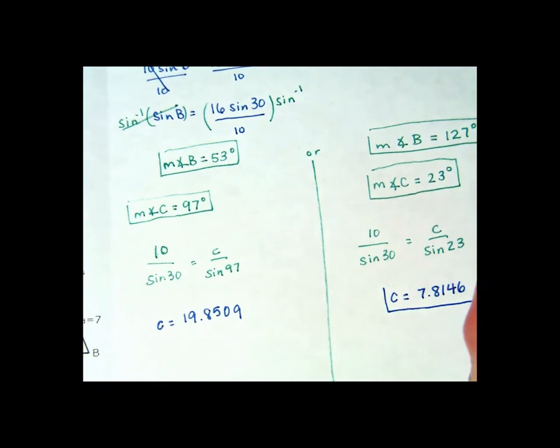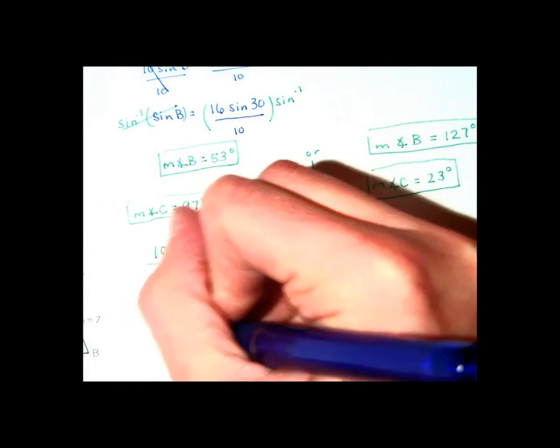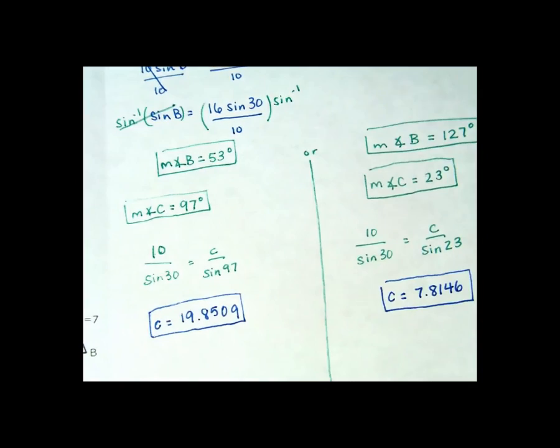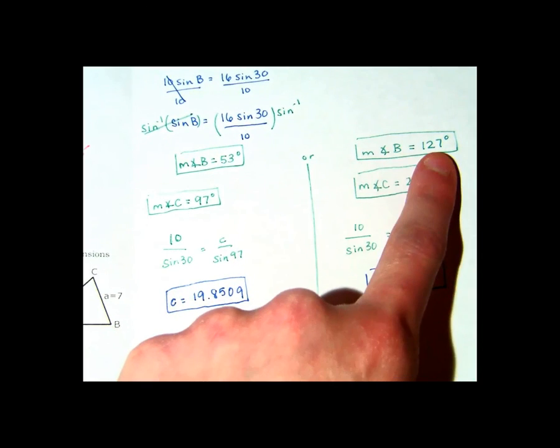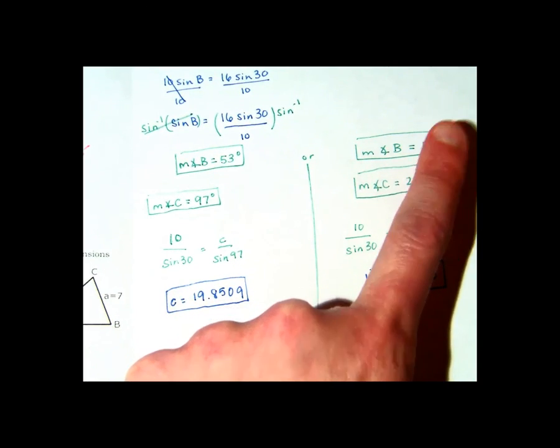So this problem is the only one, and you'll probably only have one in your homework, where if it makes sense for this obtuse angle to be in that triangle, you will have to have two problems, which means on the worksheet I'm about to give you, you'll probably have to have an attached piece of paper.